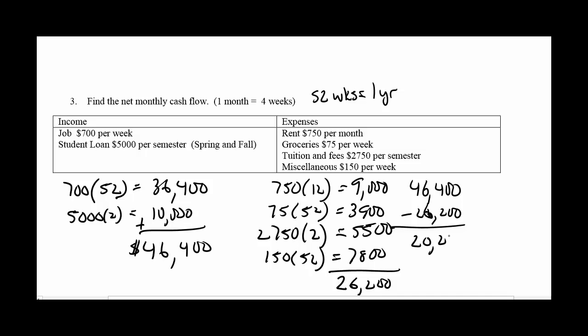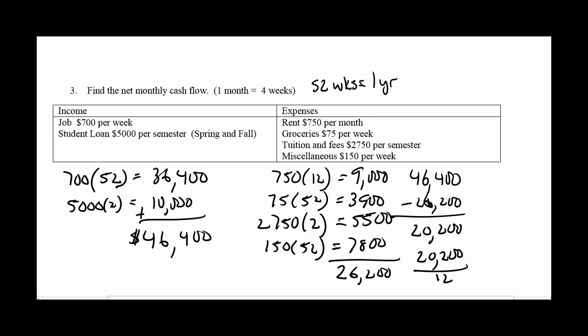Okay. So on a yearly basis, she gets 20,200 net. That's positive. So then her monthly cash flow, so then I want to take that and divide that by 12.